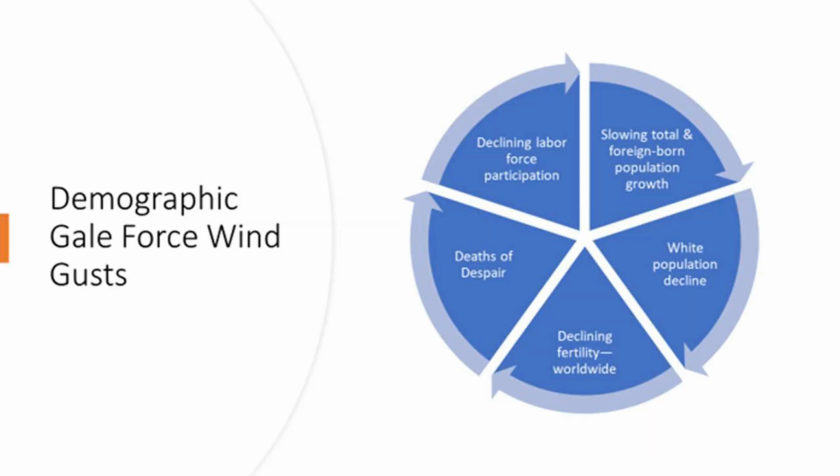So that's a lot of stuff that's going on. Declining labor force participation is a huge impact. The number of foreign-born population has started slowing down, and with probable changes coming, may slow down further.